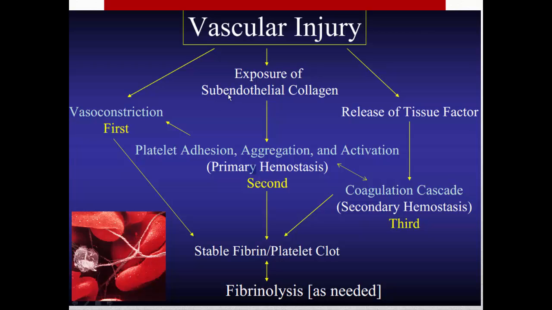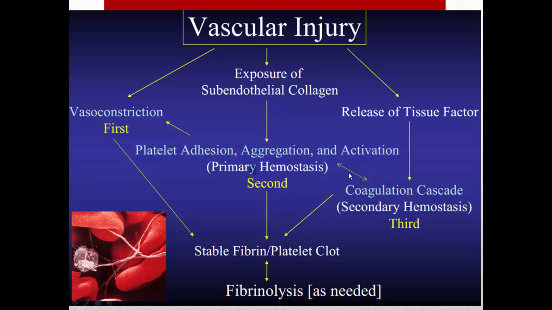Endothelial cells, if you remember, are the cells that line the blood vessel, so these are the collagen fibers found underneath them. The exposure of those makes the platelets stick to those collagen fibers, as well as stick together, or aggregate, and then they become activated. This whole platelet plug formation sometimes is referred to as primary hemostasis.